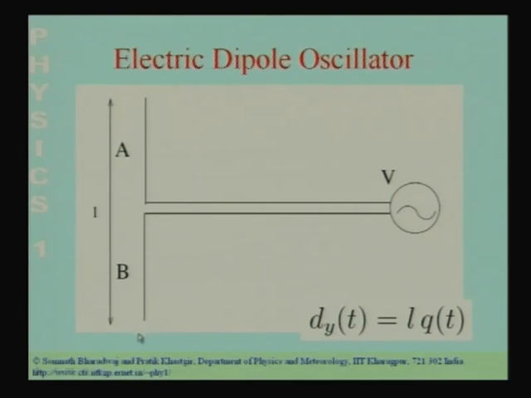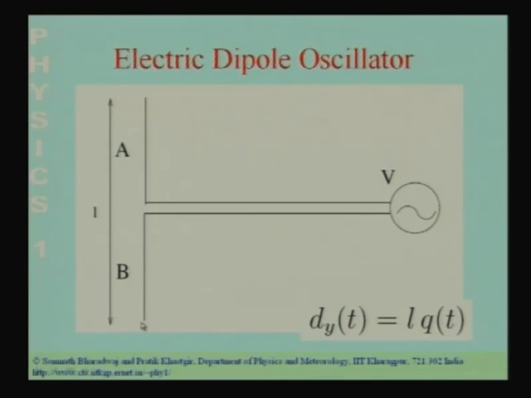These charges will reverse. So, there will be a positive charge here and negative charge here when the voltage is reversed. As the voltage oscillates, the charges rush back and forth from A to B. So, we have electrons rushing up and down, back and forth.